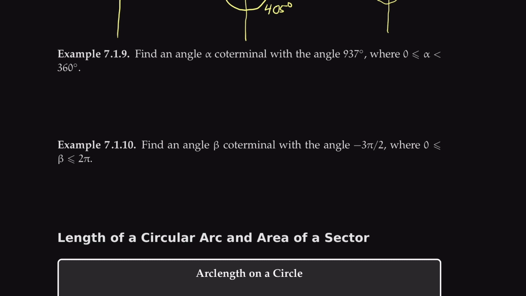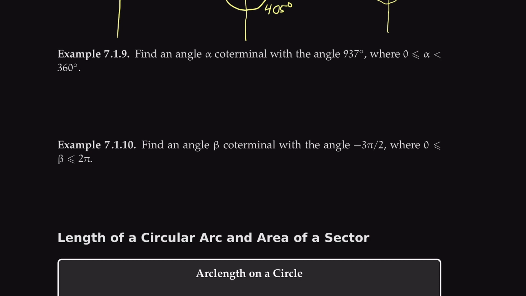So we want an angle that's a positive angle that doesn't go around more than once, and we're trying to figure out which angle in that domain gives you the same terminal side as 937 degrees.